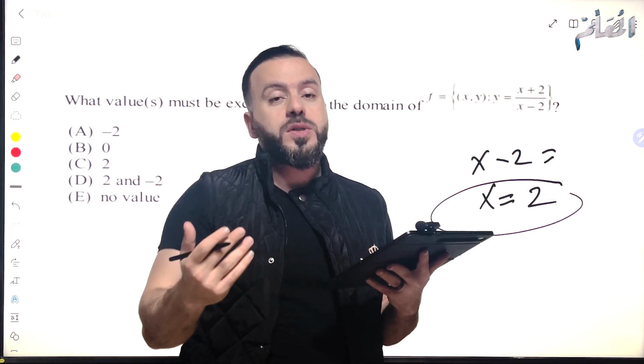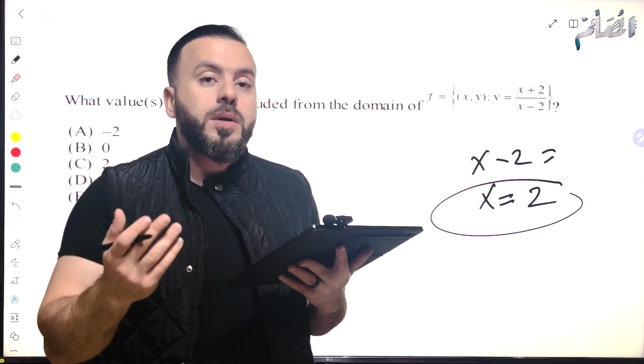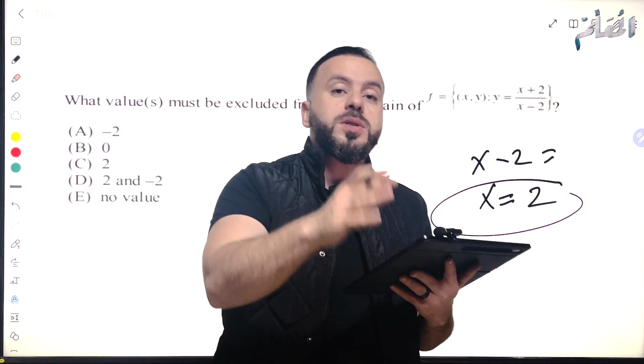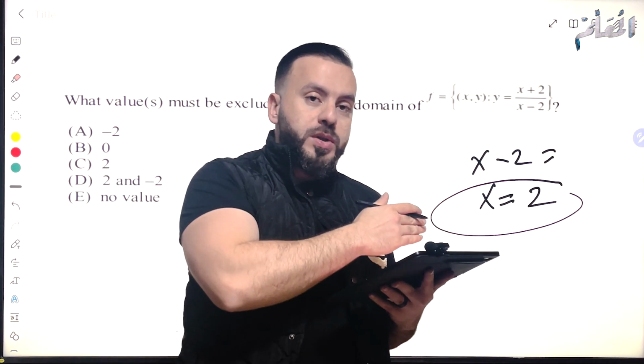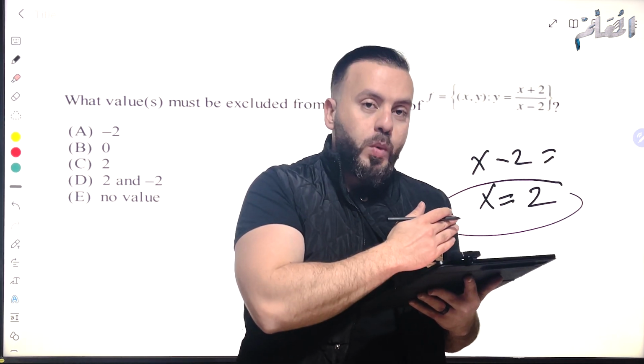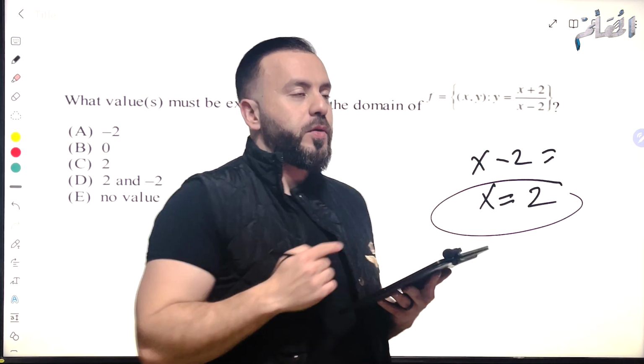If you do anything over 0, it is undefined. In this case, the domain must include all real numbers except the value 2, which makes the denominator equal 0. See you in the next question, and the answer here, of course, is 2.